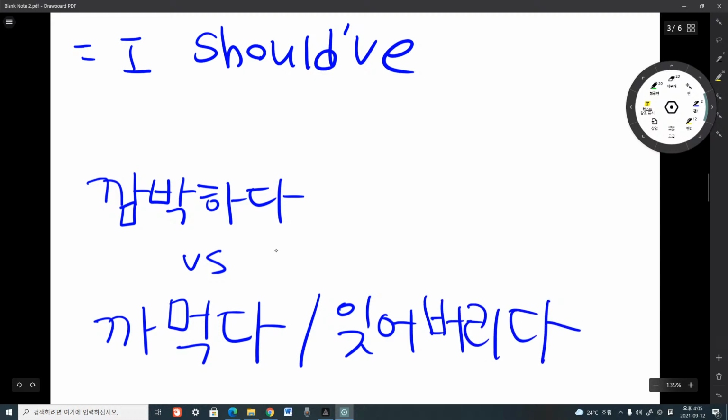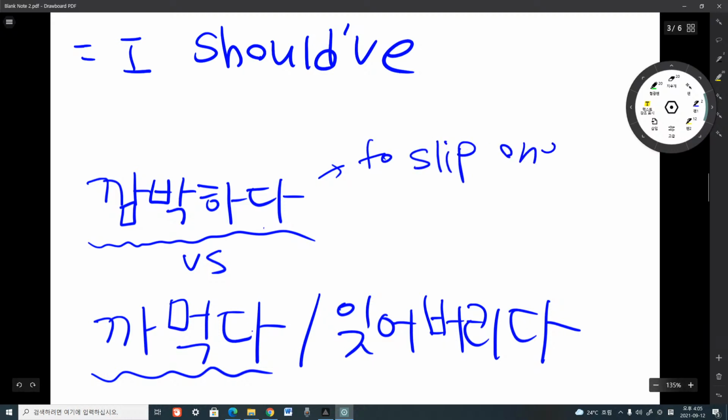In English, all of these three can be translated to forget, but they have a little bit of a different nuance. 깜빡하다 is closest in meaning to slip one's mind. So you forget something momentarily. It's not like something is totally out of your head, but it just slipped your mind because maybe you were busy.